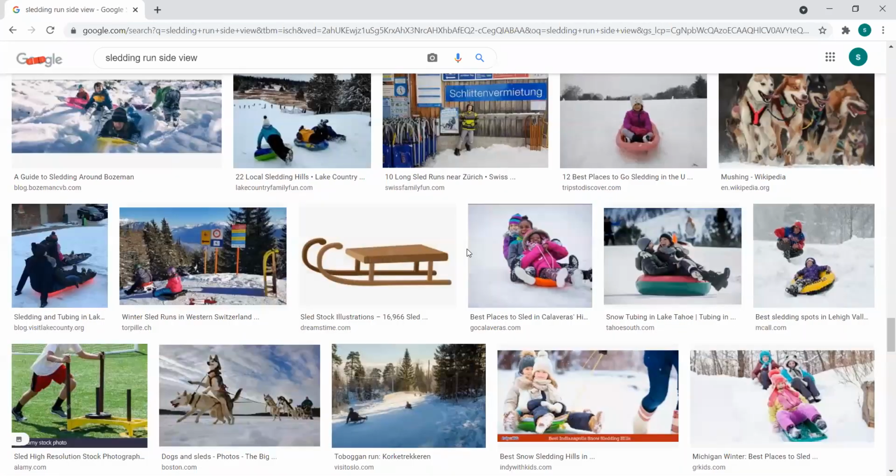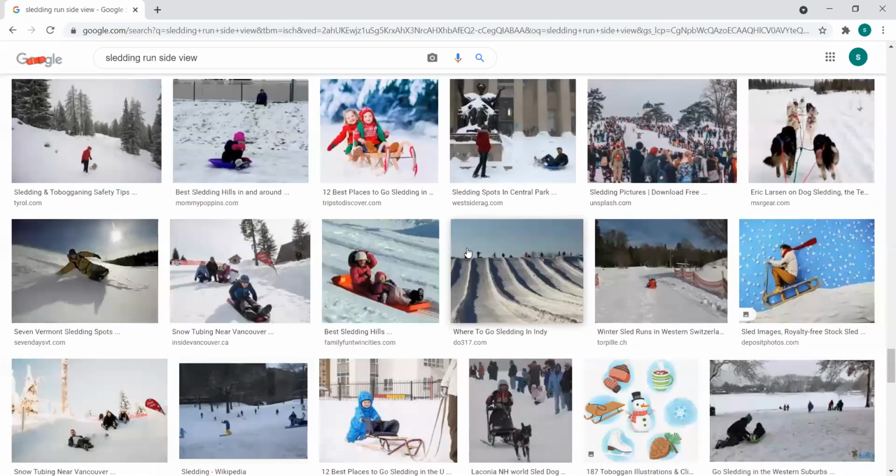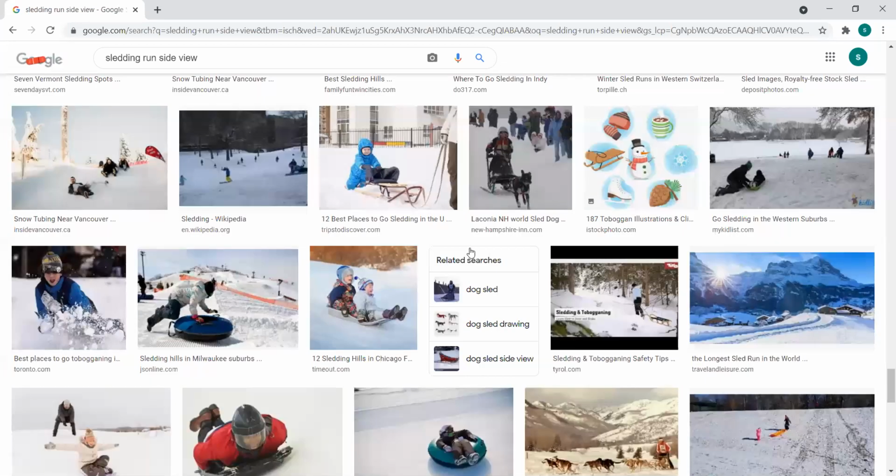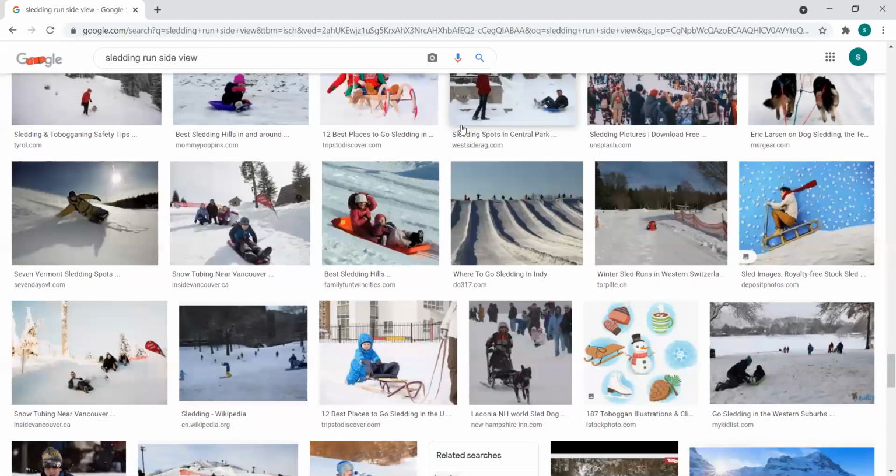Slope. Suppose this is the run. So it is sloping, okay. It's not straight horizontal. And there is a height here, and if I can have a better picture from the side.